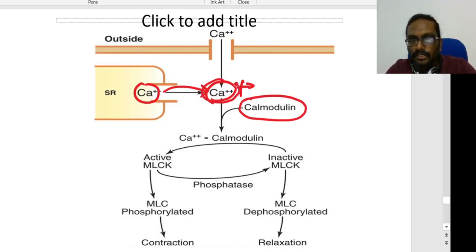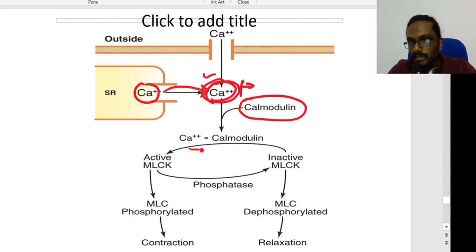If calcium is free inside the cell, it will be very difficult for the cell to handle it. The calcium always binds to different proteins, and calmodulin is that calcium binding protein that you see inside all the smooth muscles, which will initiate the contractions.